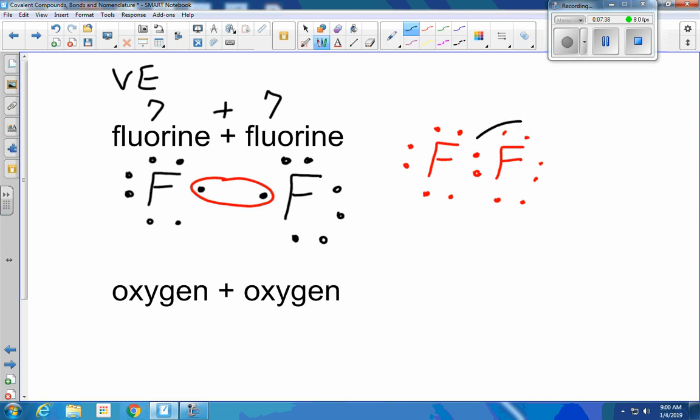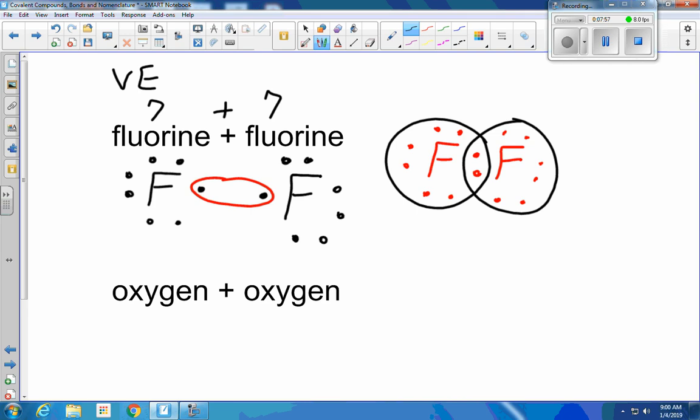And then we show this fluorine now has 8, correct? This one also has 8. So they both have that octet, so they're both satisfied, and they're both now stable.